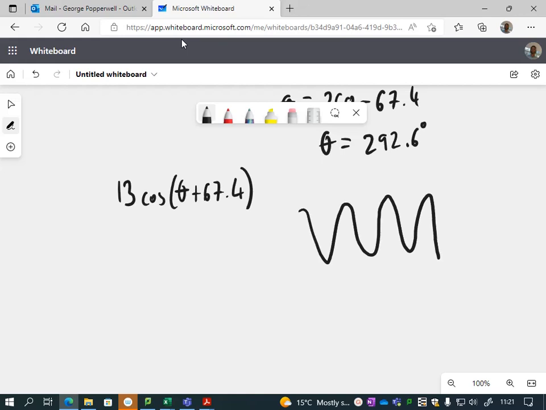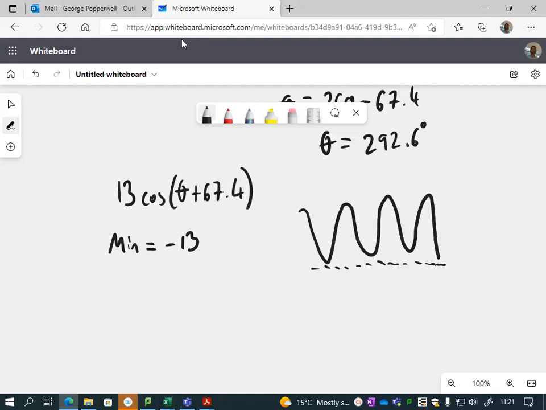So when is the minimum going to occur? It's going to occur down here when cos(theta plus 67.4) is equal to negative 1. When it is equal to negative 1, that minimum is going to be 13, obviously, times negative 1.